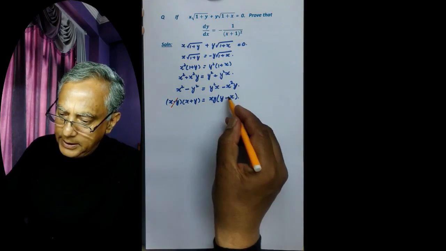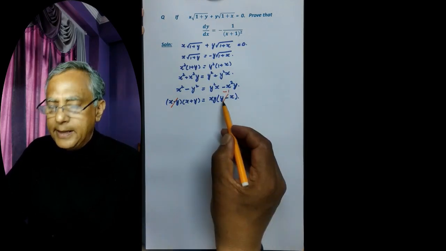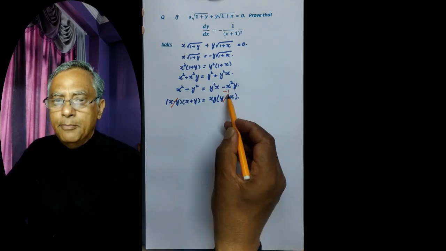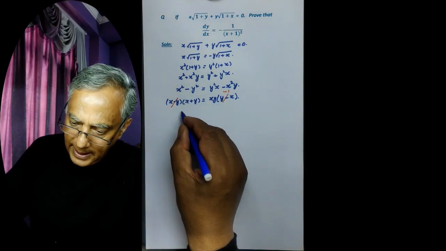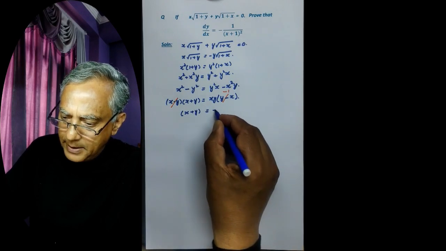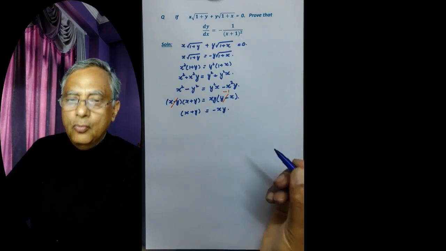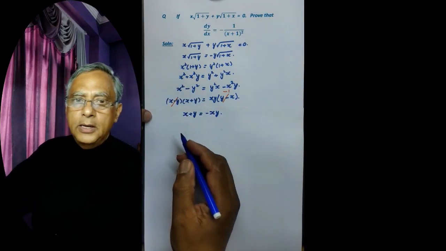This cancels with this. We get minus 1 because it is x minus y, and here it is y minus x. So we'll get minus 1. So we are left with x plus y is equal to minus xy. Now differentiate both sides with respect to x.